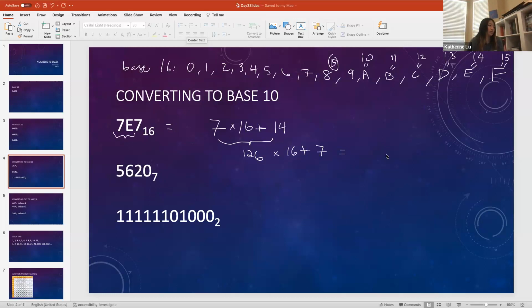So now it's 2023, which is coincidentally our year. Or I don't know if you think that's a coincidence or not. It might be.